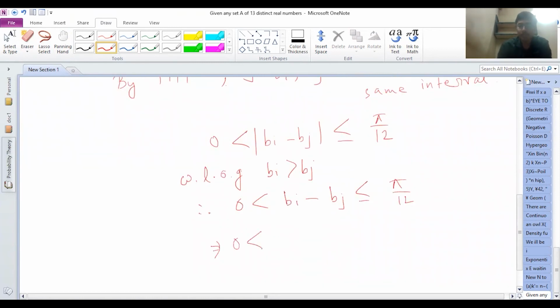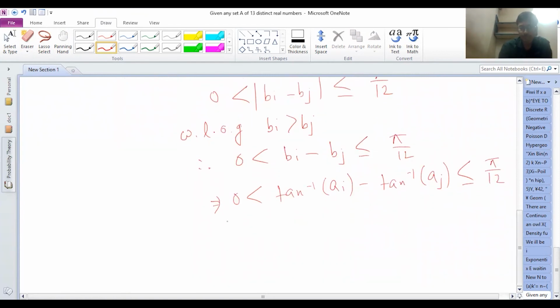This implies that 0 is less than tan inverse of ai minus tan inverse of aj, which is less than or equal to pi by 12, or tan of 0 is less than tan of (tan inverse ai minus tan inverse aj), less than or equal to tan pi by 12.